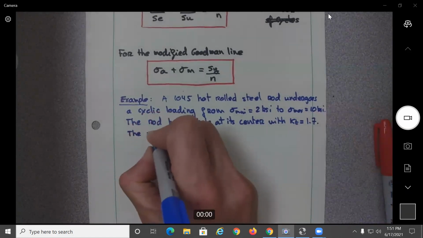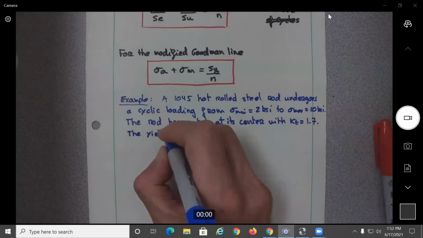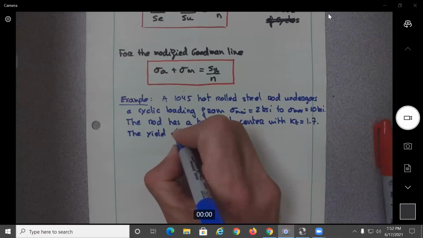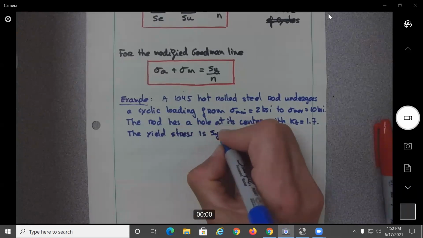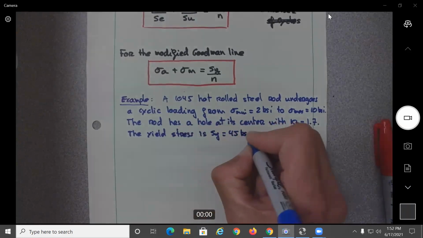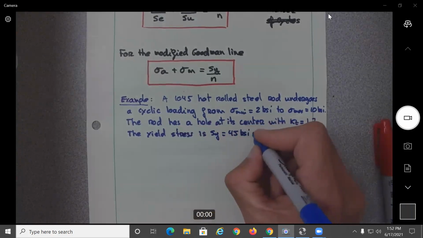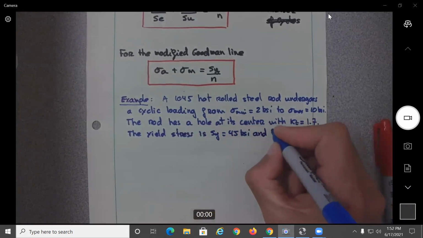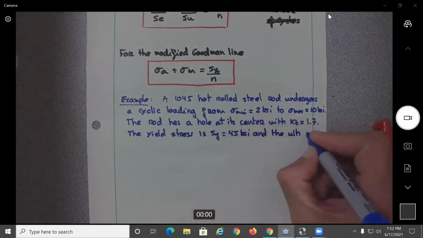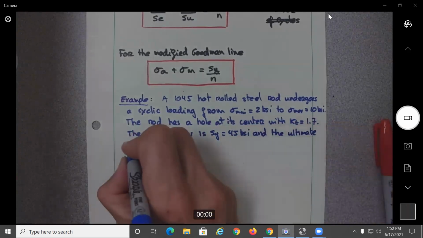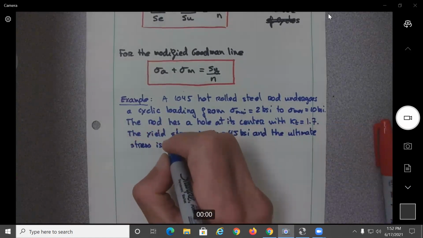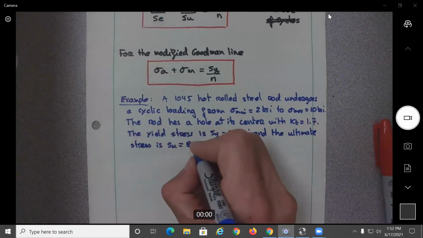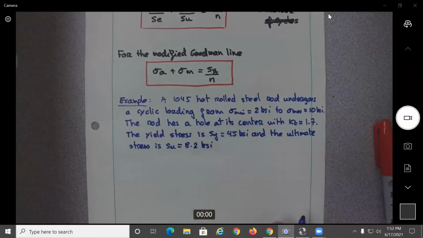The yield strength of the bar, the yield stress, is Sy equal to 45 KSI, and the ultimate stress is 8.2 KSI.